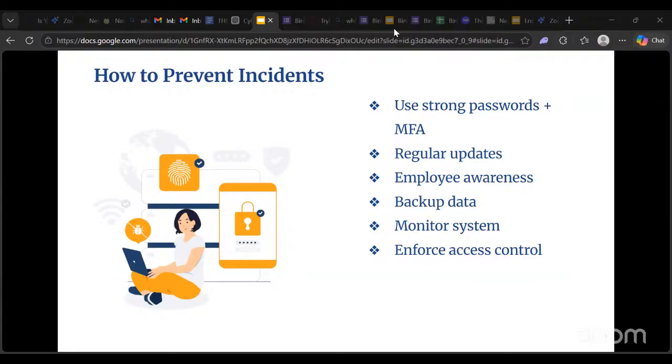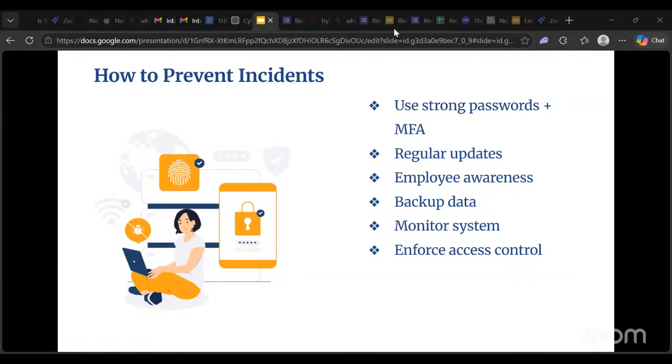Employee awareness, I already mentioned it earlier. It's always important for us to allow our employees to be self-aware of their surroundings and always be cautious of whatever they do. Backup data. Should a company experience data loss, it is always important to have backup in the cloud.